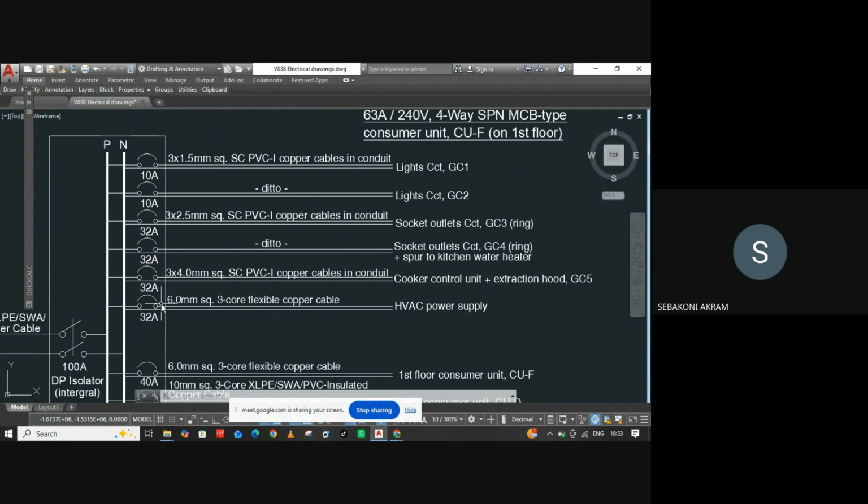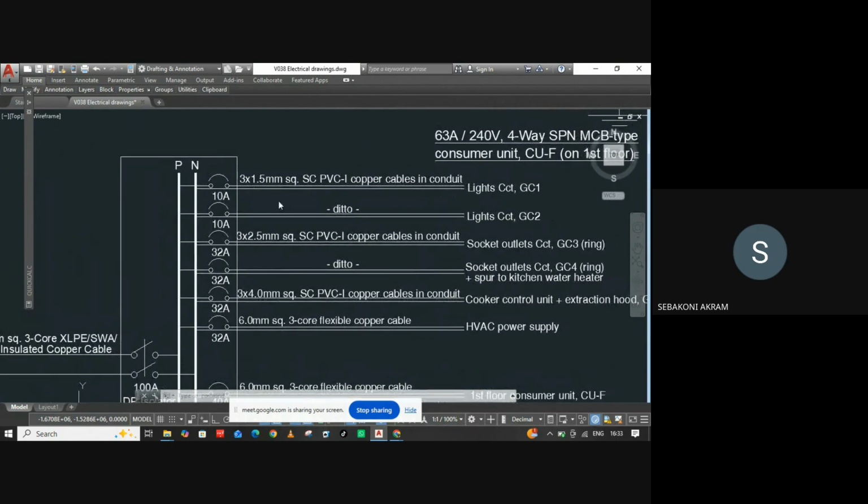I hope you know what a circuit is: a connection of equipment. You categorize them into different circuits. That's why you see here lights, GC1. What do I mean by GC? Ground floor, circuit 1. Light circuits, ground floor, circuit 1.